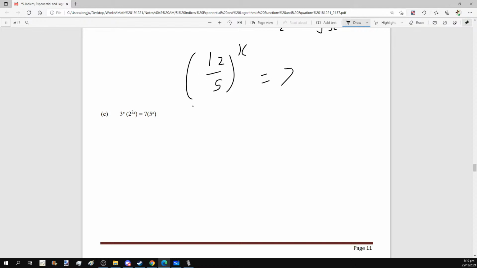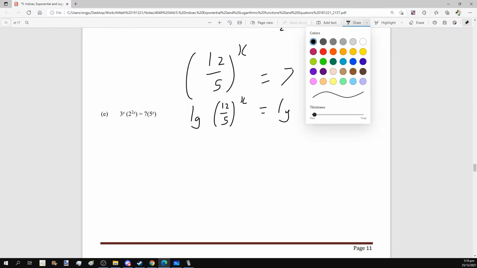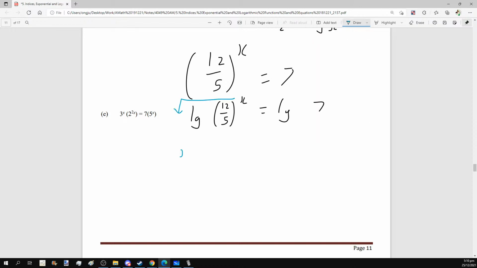Once we are here, what I will do is use the common logarithm. And over here, you will see that I can move the power down and out, like so. And therefore, we will say that x equals lg 7 divided by the entire lg 12 over 5.